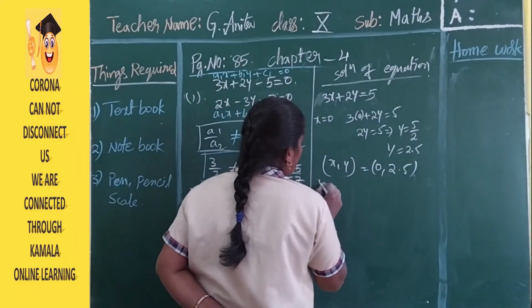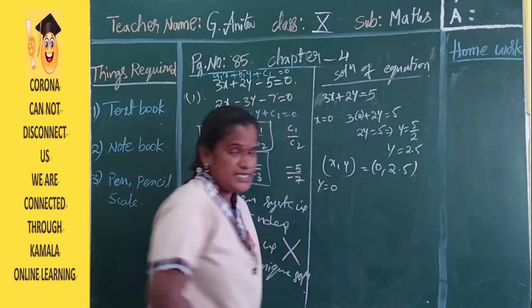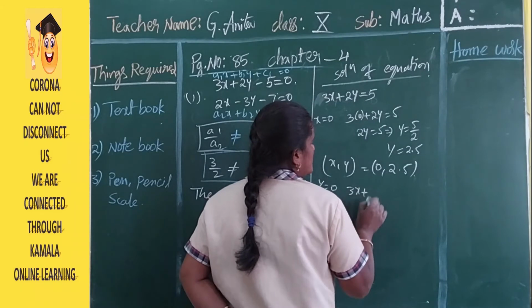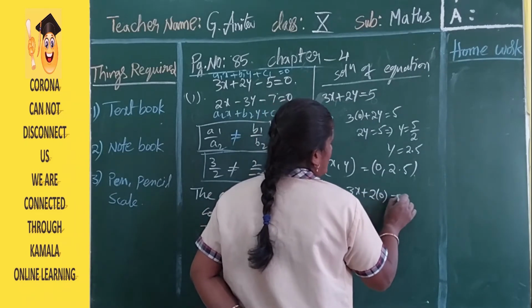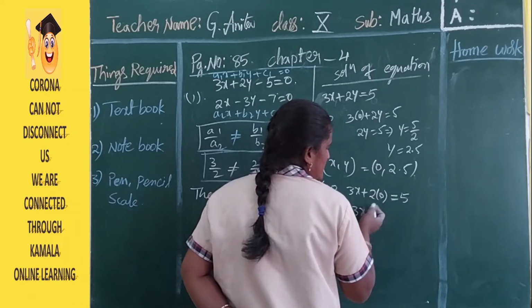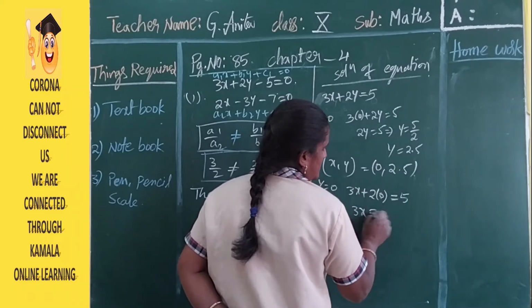Next we keep y is equal to 0. So y is equal to 0 means 3x plus 2 into 0 is equal to 5. 2 into 0 is 0, so 3x is equal to 5.